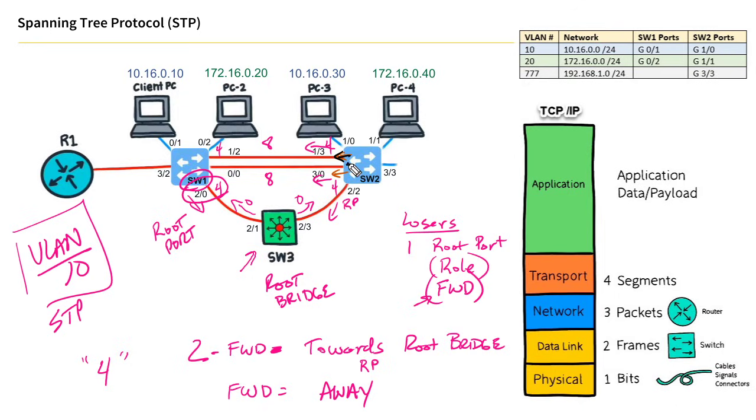If it's forwarding here, that would be an example of forwarding in an opposite direction or away from the root. So the root port would be forwarding towards the root, and the ports that are forwarding away from the root in the opposite direction would be considered forwarding away. Those also have a role, and that role is called a designated port.